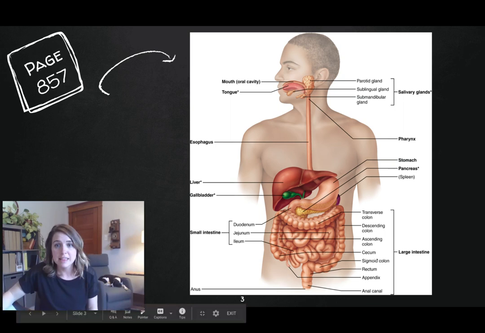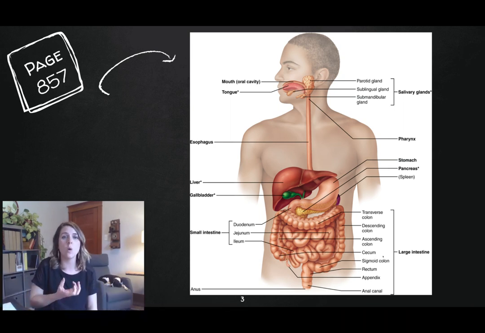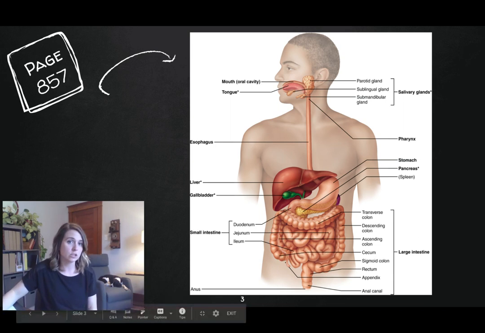The cecum is the beginning portion where that appendix is attached. It's sort of this wide portion at the start of your large intestine, the very beginning of your ascending colon, because remember the ascending colon is going up. So your cecum is just this section right here, and the appendix is attached to it.